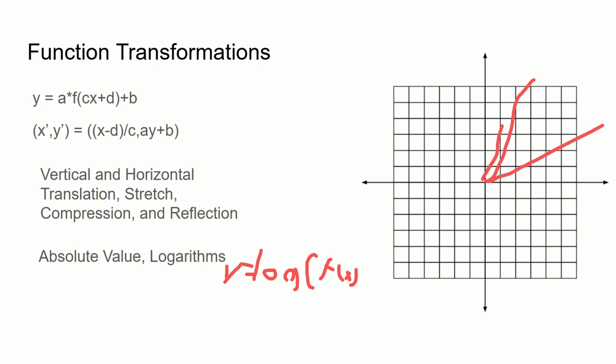If this was some quadratic function, it's going to turn it into a log plot. There are several other functions, or probably an infinite number of other functions, you could apply as some kind of function transformation. But normally it will simply be linear transformations to a function, which will result in vertical and horizontal translations, stretches, compressions, and reflections.